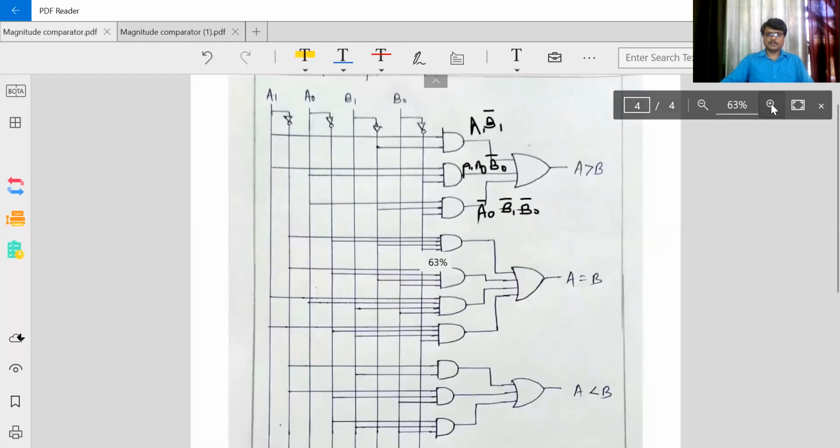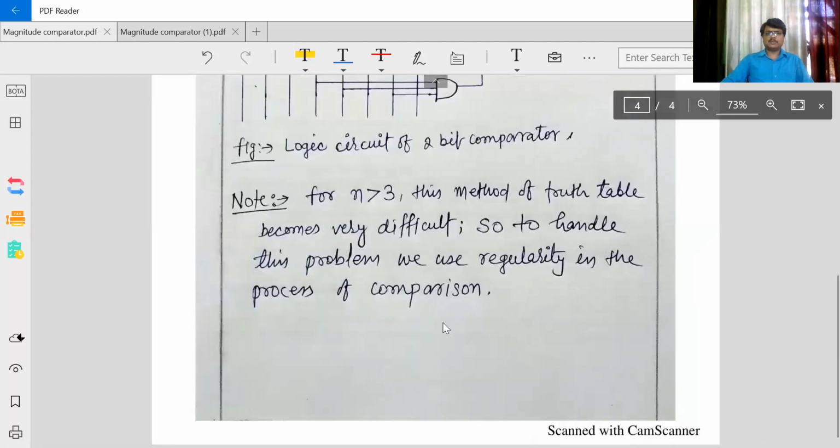One thing I would like to tell you: when n is greater than 3, this method of truth table becomes very difficult. I told you, for n equal to 3, there will be 3 inputs for A and 3 for B. So there will be 6 inputs, and for the 6 inputs, the possible entries in the truth table will be 2 to the power 6, that is 64, and that will be a very difficult task to design.